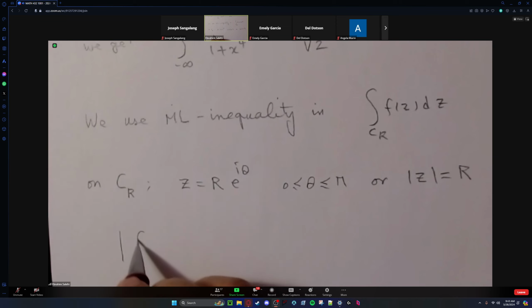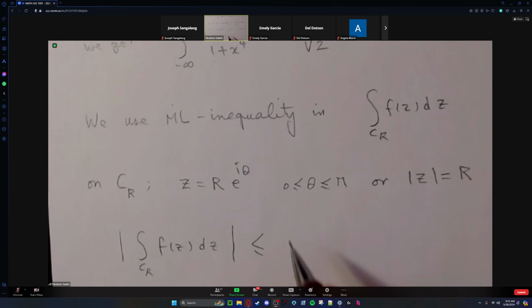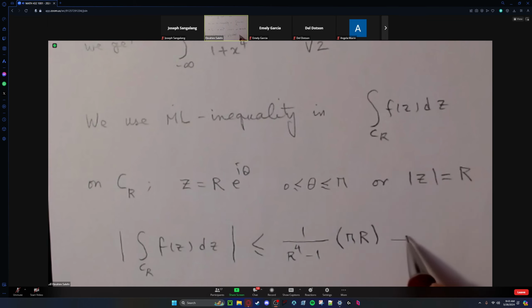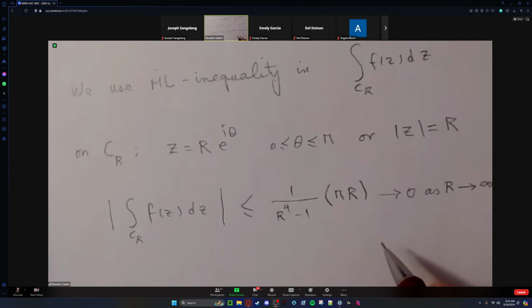So the integral over CR of f of z dz is less than or equal to M, which will be 1 over R to the 4 minus 1, times L, which will be pi R. So as R approaches infinity, this goes to 0, done, okay? We are done.